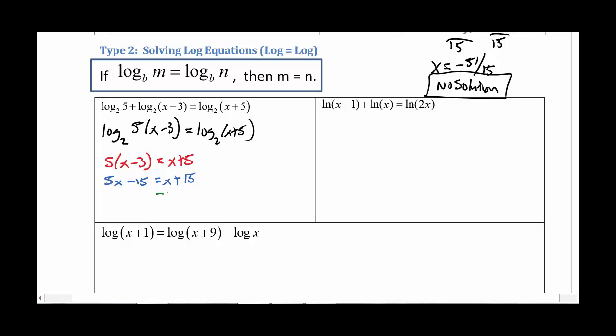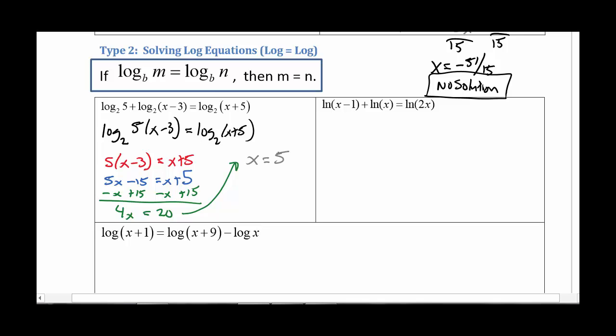We want to subtract x, get it over there. We want to add the 15. And I just realized that my 5 all of a sudden looks like a 15, and it should still be a 5. All right, so that gives us 4x equals 20. And when I divide by 4, I get that x is 5.